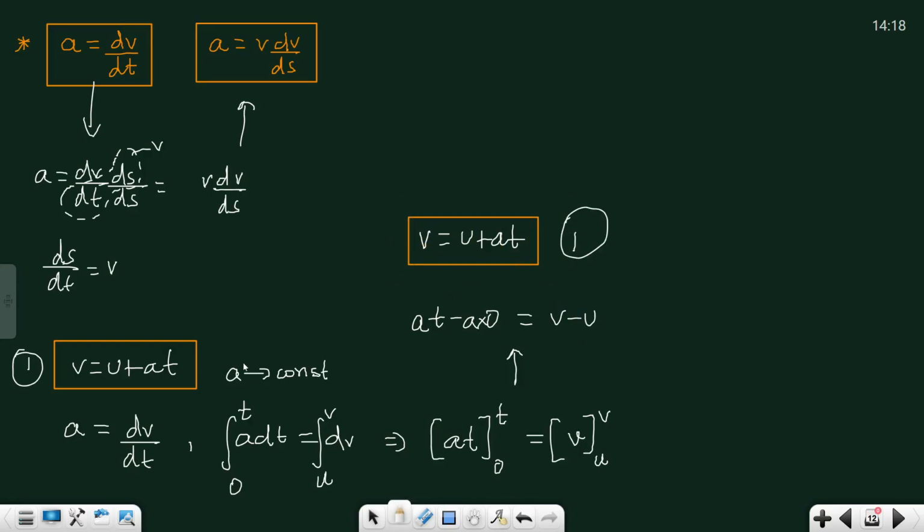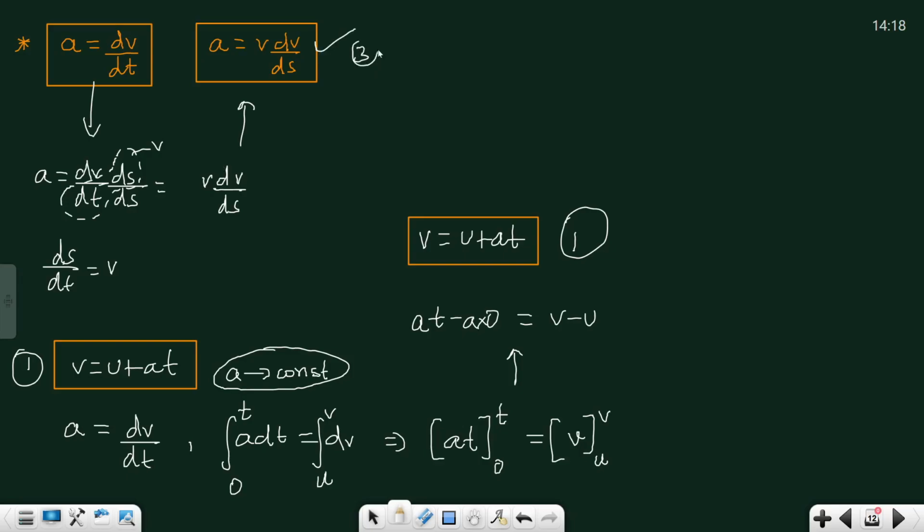But you need to remember that you are taking a to be constant. Whenever a is variable, it will participate in the integration and you will get some different equation. So that is the derivation of the first equation. For the third equation, you will need this formula.